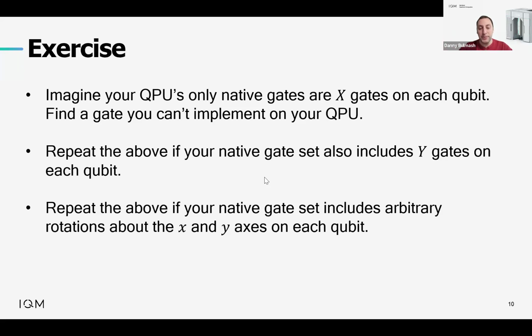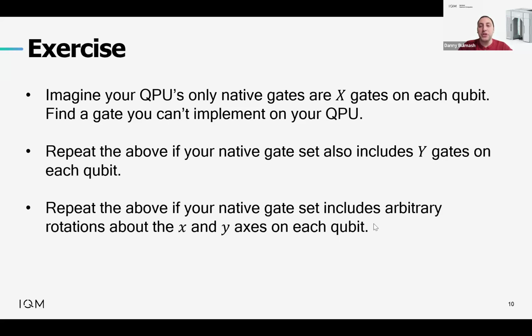So we can't do a swap gate, we can't do a C naught gate, we can't do a CZ gate. Anything that requires the two separate qubits to talk to each other can't be done if we only have these native gates. So this is why having a well-chosen set of native gates is very important.